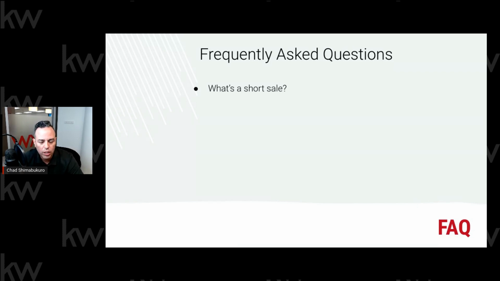An example, let's say you owe $600,000 on a property, the value of the property is $500,000. You're behind on payments, you can't sell it, because if you sold it, you'd have to cut a check for $100,000, which you may not have. What do you do? You contact a real estate agent who specializes in short sales to negotiate with your lender or lenders to sell the property short of what you actually owe on the property.